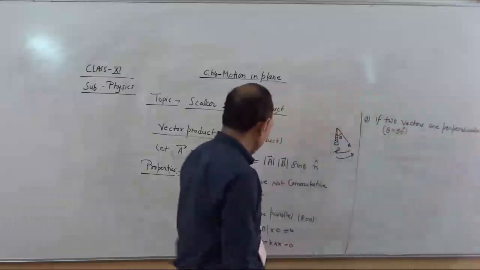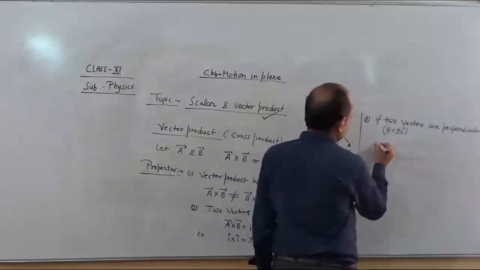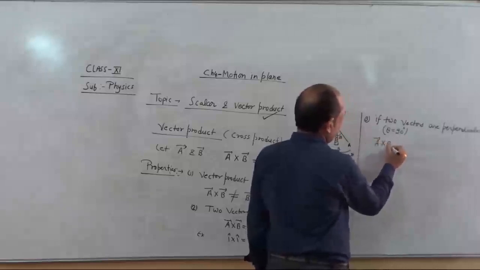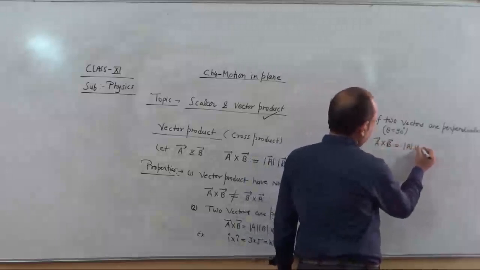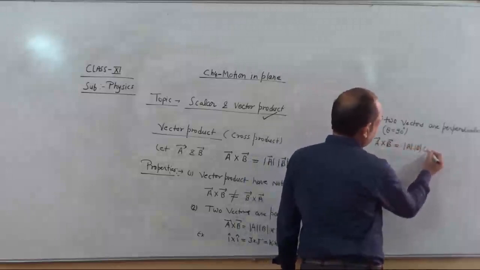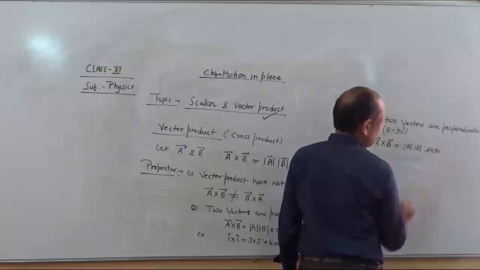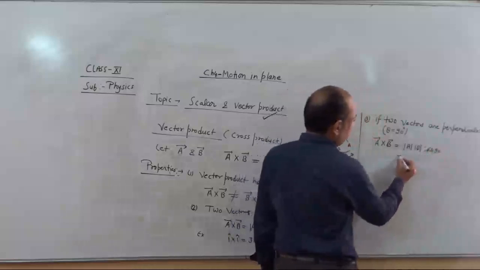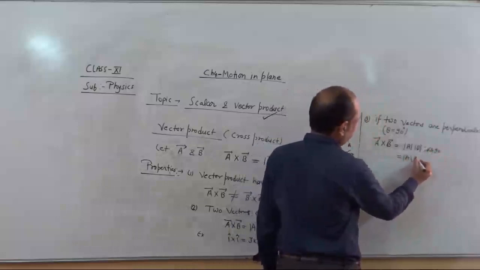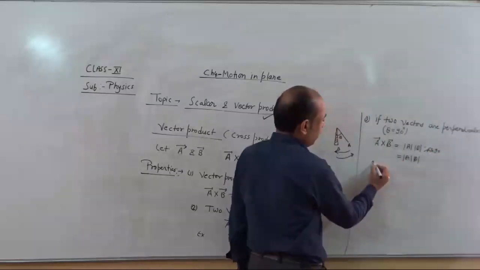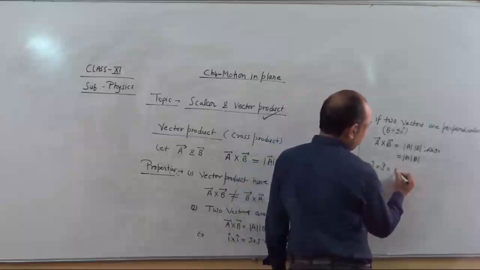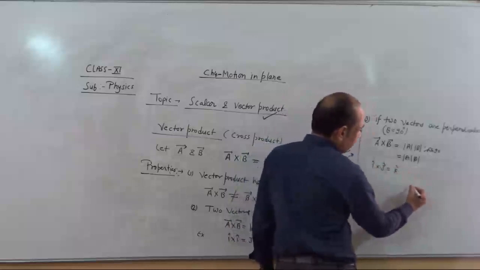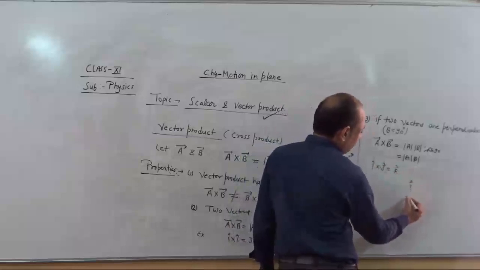So when theta is 90 degrees, A cross B equals the product AB and sine of 90, which equals 1. That means we only have A and B. So whenever we take I into J, it equals some product, and that is called K cap. Here we use the cyclic rule I, J and K.